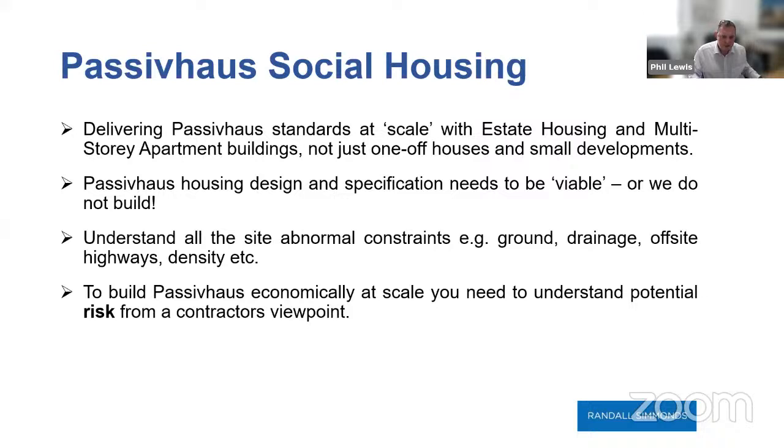And I think the main message I want to get across to everybody is cost is the cost, actually, but the main item that we can influence is risk, and risk is really important from a contractor's viewpoint. And if we can't manage that risk, then that's going to affect viability and our ability to obtain contractors to deliver our schemes.